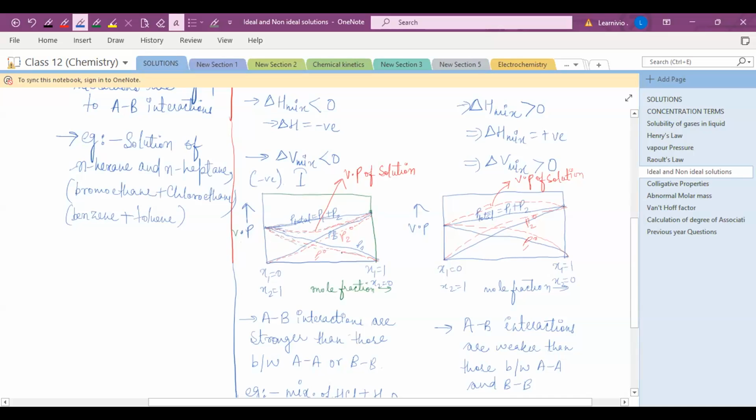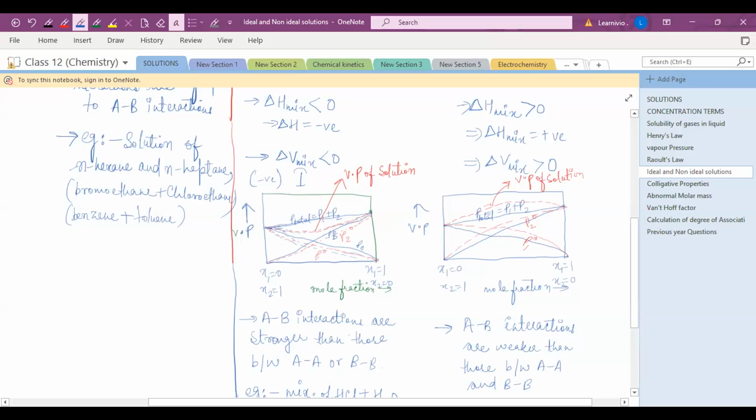This goes just like this. This red line shows the negative deviation. So its P total decreases, the vapor pressure of the components also decreases, and the total vapor pressure also decreases.